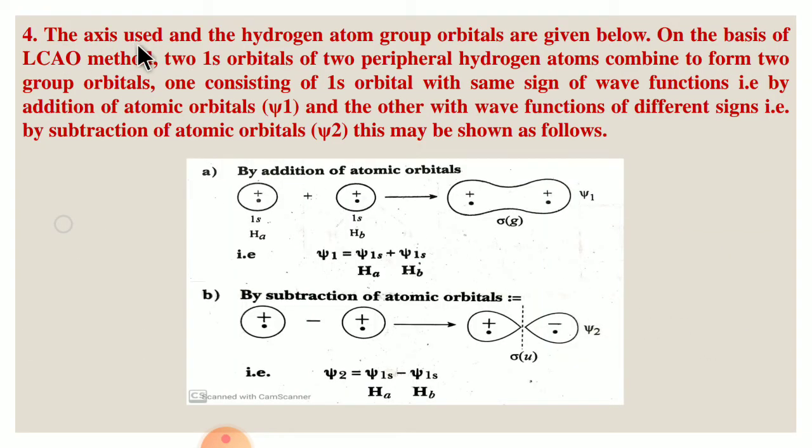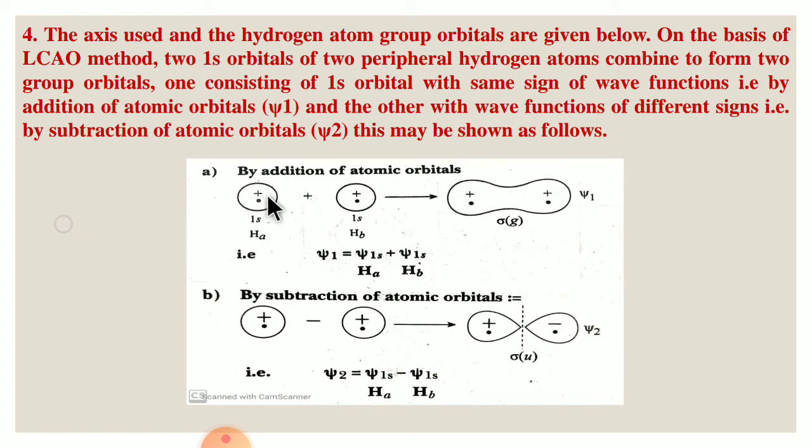Now the axes used and the hydrogen atom group orbitals are given below. On the basis of the linear combination of atomic orbitals method, the two 1s orbitals of the two peripheral hydrogen atoms combine to form two group orbitals. One consists of the 1s orbital of HA and the 1s orbital of HB with the same sign of wave function, plus plus.